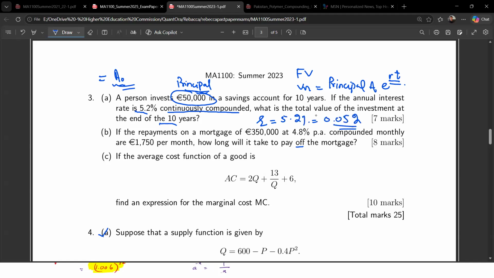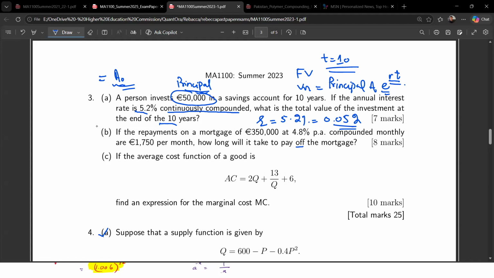Here you don't need to convert it to a monthly basis, because it's continuous, and the time period is equal to 10. You don't need to convert this rate into monthly or yearly basis. The e would handle it on its own. So you plug in the values and you'll get the answer. That's it. Nothing else.